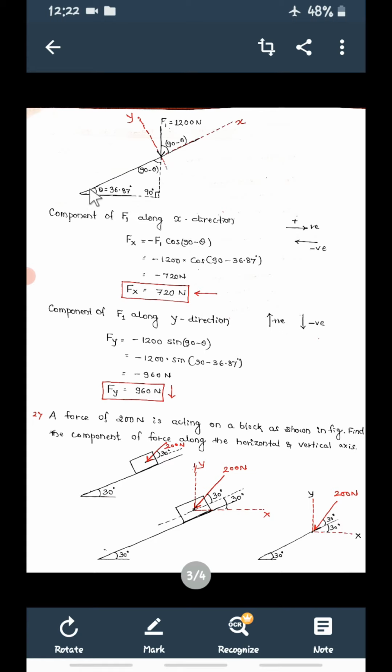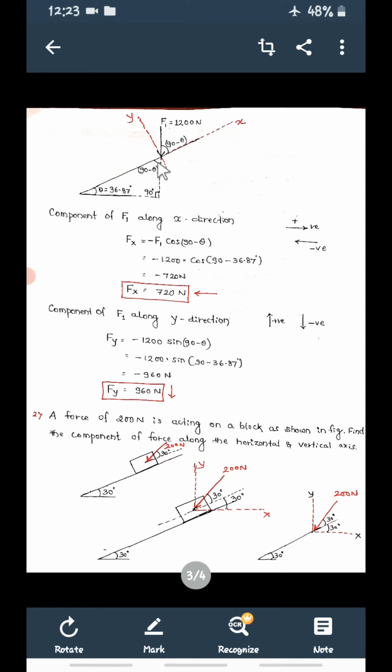Now see, this is the x axis, and this is the y axis. This is the force I have extended. If this angle is 90 minus theta, what should this other angle be? See, this is the common line.